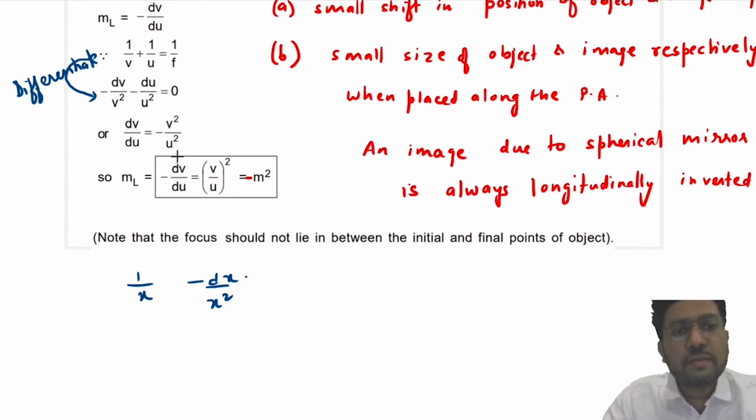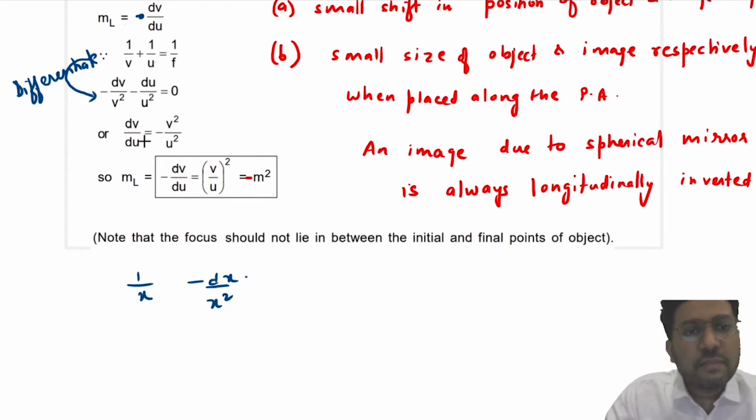From this you will get dV by du is equal to minus V square by U square, and dV by du is called longitudinal magnification. Here there is no minus sign. dV by du is called longitudinal magnification of a short linear object.